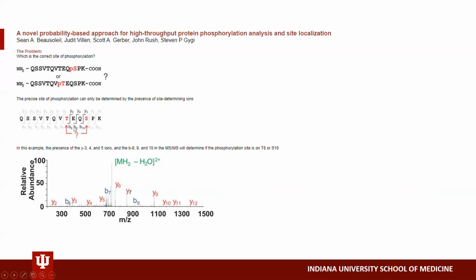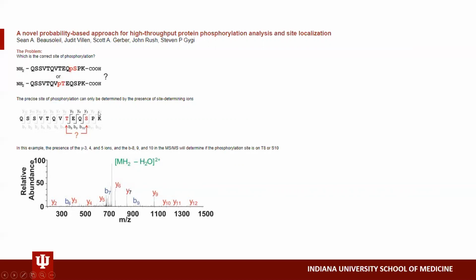If you don't have a fragment here, you can't determine which amino acid contains the modification. So in this example, the presence of the Y3, 4, and 5 ions, or 8, 9, and 10 B ions will give you that determination.